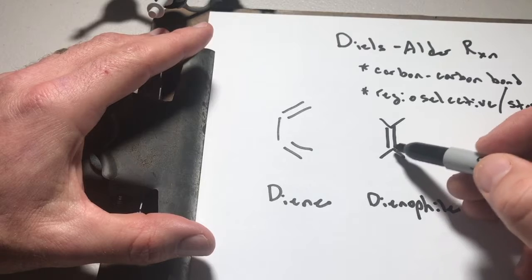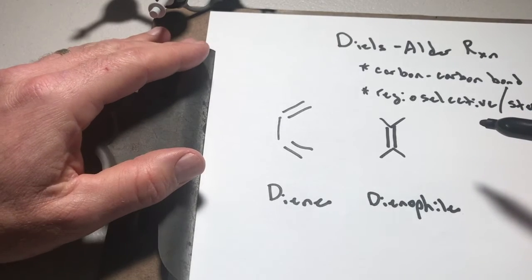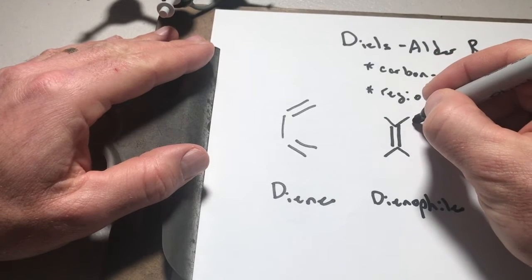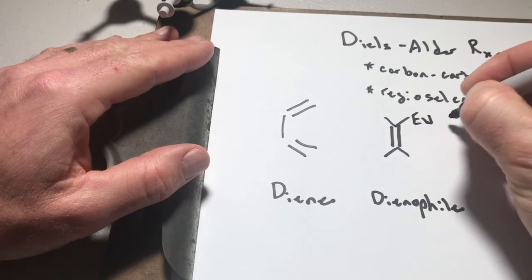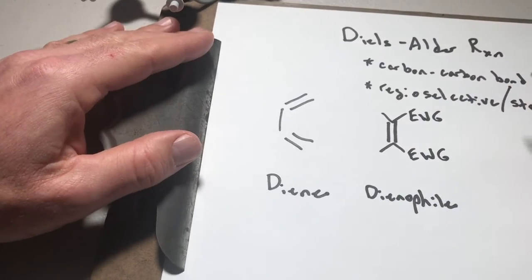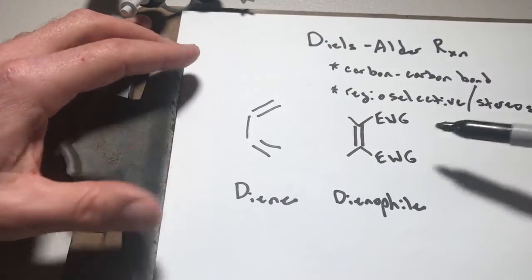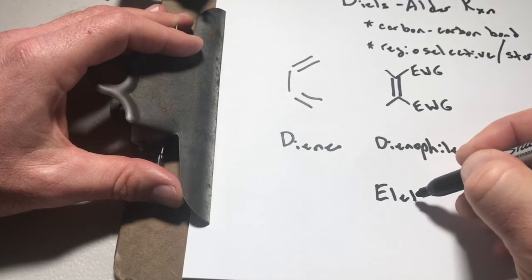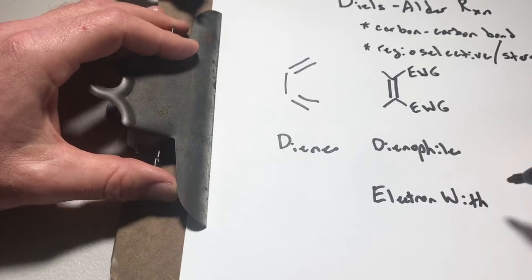And it turns out that I can't really properly do a Diels-Alder reaction unless I put something really specific in these groups right here. And just to make my life easier, I'm going to put it in both places, right? And that EWG is an electron withdrawing group, right?